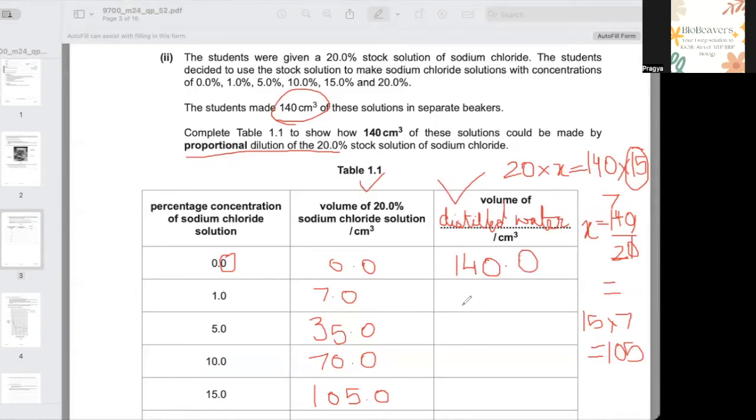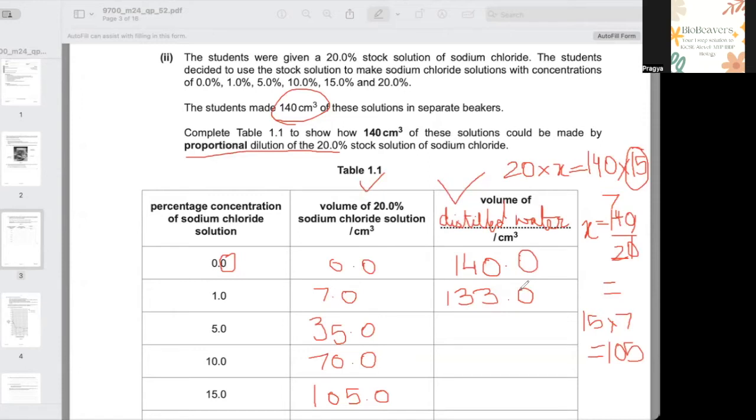If I'm adding 7 here, again my answer will be 140 minus 7. So 140 minus 7 will be 133.0.